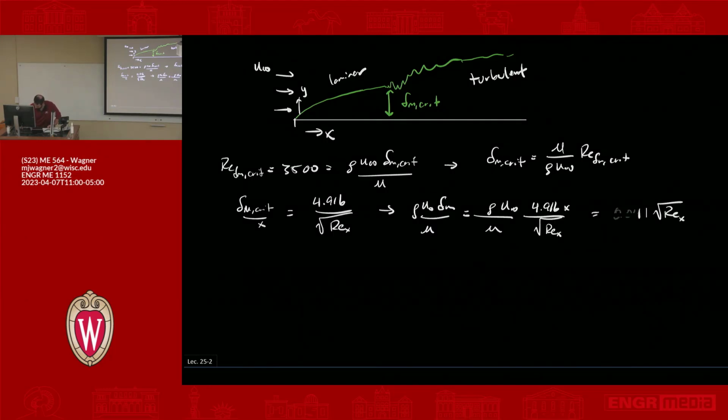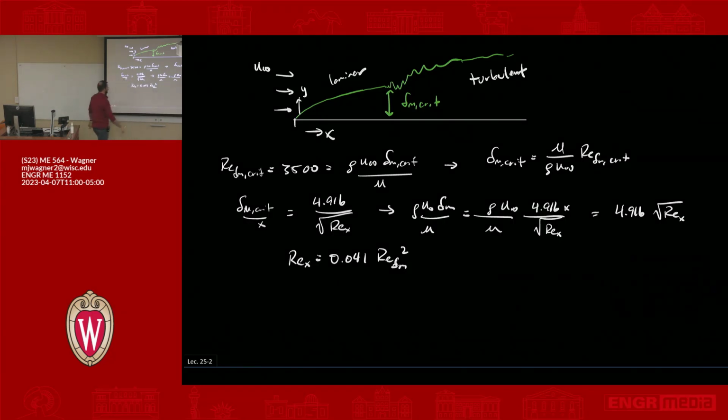Oh, sorry, I skipped a step. 4.916 times Reynolds x. Now if we want to use the relationship in terms of delta m, we would equivalently write this as Re x is equal to 0.041 Re delta m squared. That should just be algebra, but these are equivalent ways of writing it.